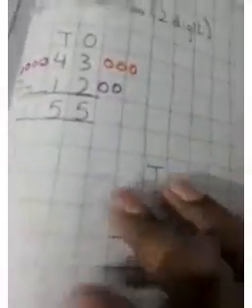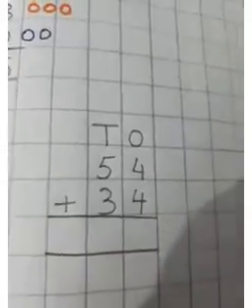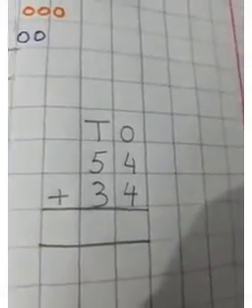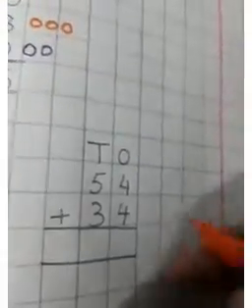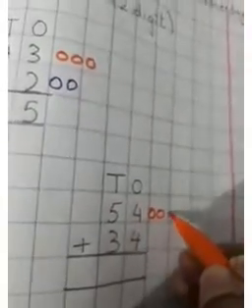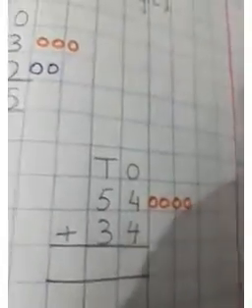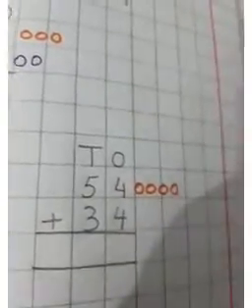Fine? Okay, now let's move to part number 2. What do we have on the one side first? We have number 4 at the top. So let's draw 4 counters. And which number is at the bottom?